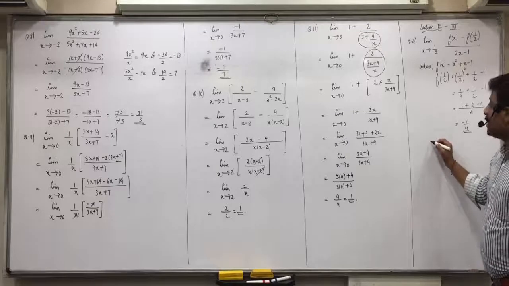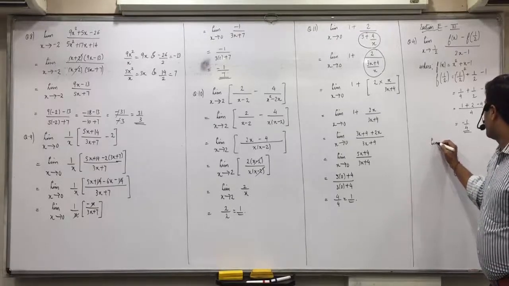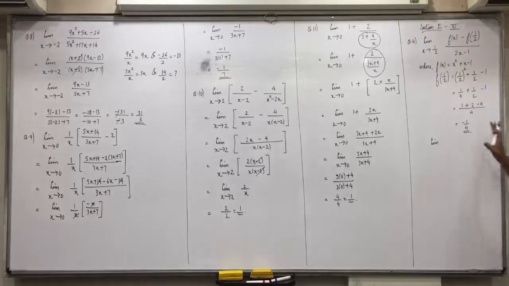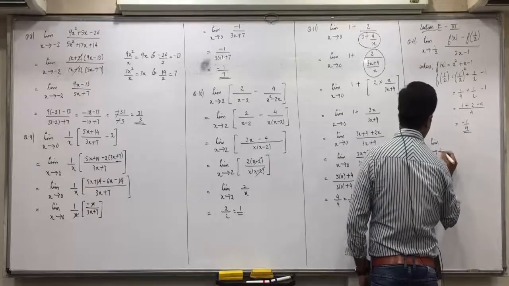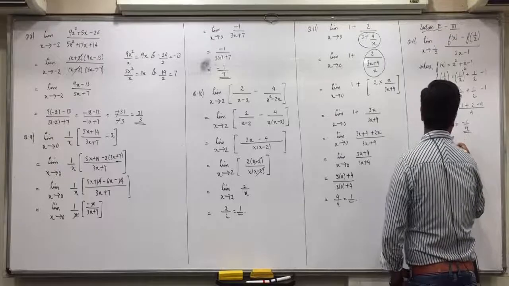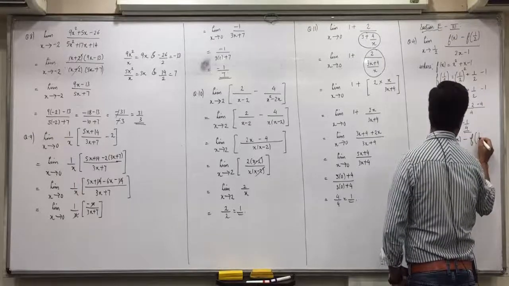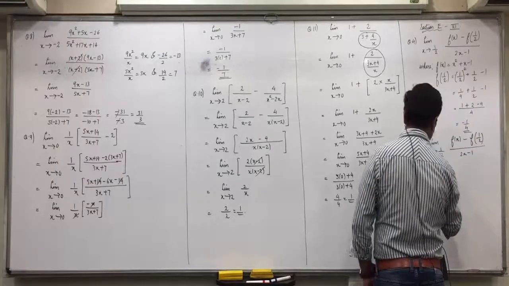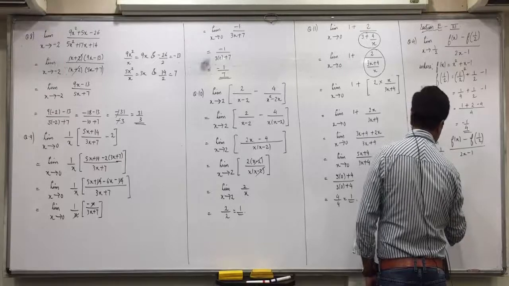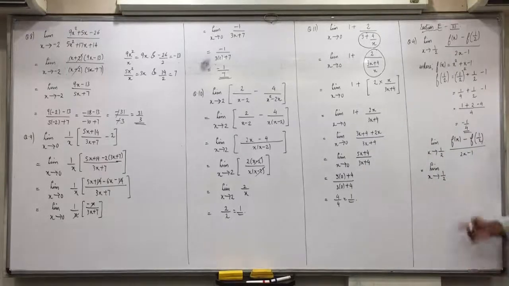So limit x tends to 1 by 2, f(x) minus f(1 by 2) upon 2x minus 1. Anyone still doing this f(1 by 2), raise your hand. And anyone not clear with f(1 by 2), raise your hand. See, limit x tends to 1 by 2, so we know that we should get a factor of 2x minus 1.